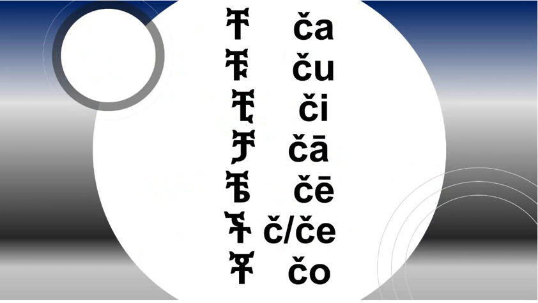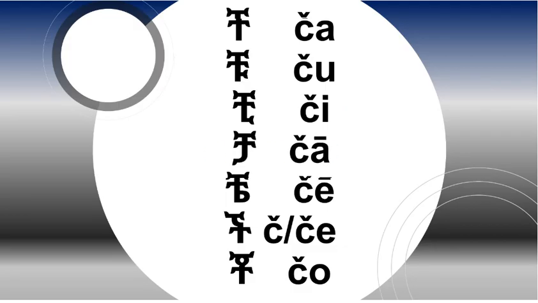Moving on to the next one, Cha. Cha, Chu, Chi, Cha, Che, Che, Cho. This is originated and taken from one of the main consonants of the Ge'ez alphabet, Ta.